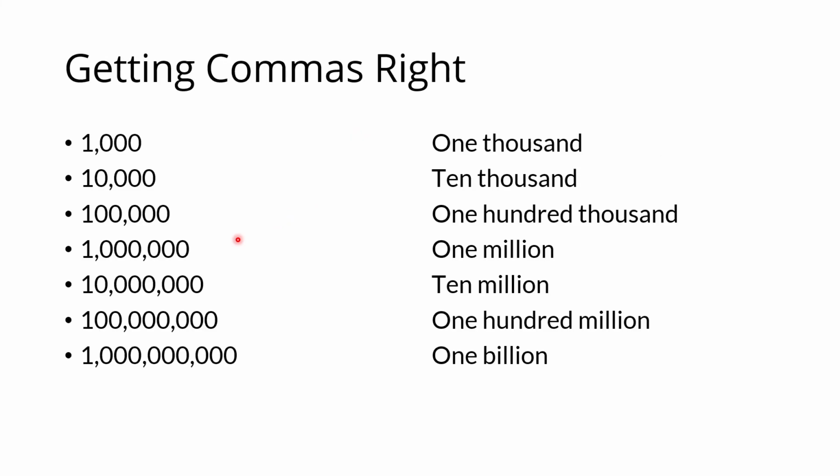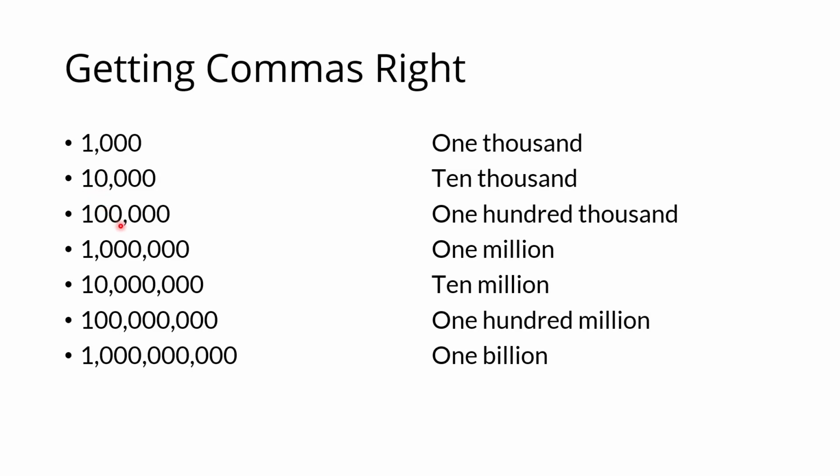Okay, let's talk about getting commas right. So when we're writing numbers in digit form in English, we always use commas. Well, we tend to always use commas, and I'm going to show you how to use them right. So for 1,000 we put the comma immediately after the 1. With 10,000 we put it after the 10 in the 10,000.